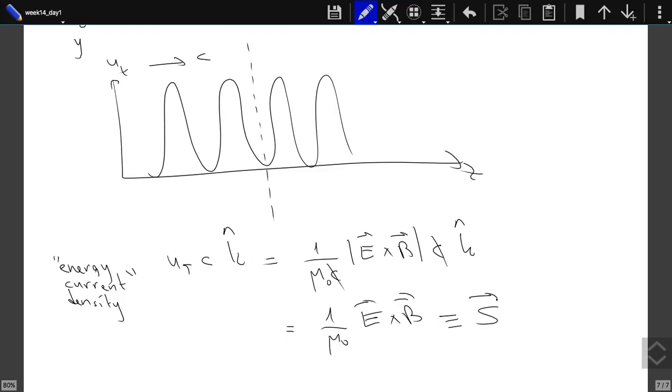This is usually defined as S. This is not the surface vector, this is the Poynting vector. It is a measure of the energy flow.